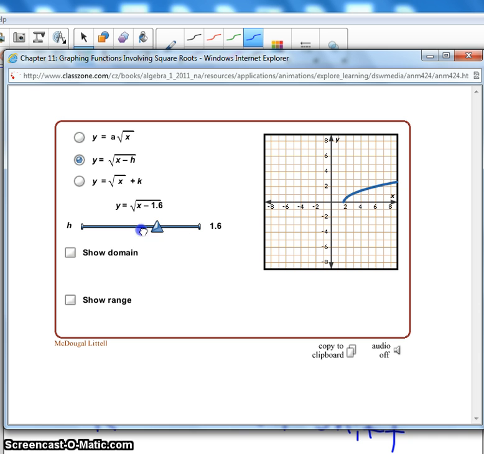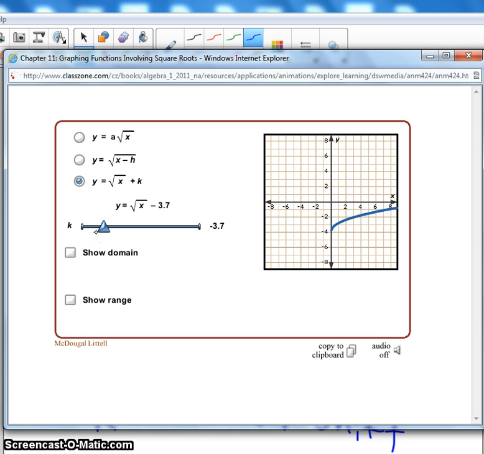But if I have an x plus 4, it shifts it to the left. So it's the opposite shift that you might think. With a vertical shift, it's exactly what we think. As k increases, the graph shifts up. So with a positive 4, I shift up 4 units, and then with a negative 4, it shifts down 4 units.